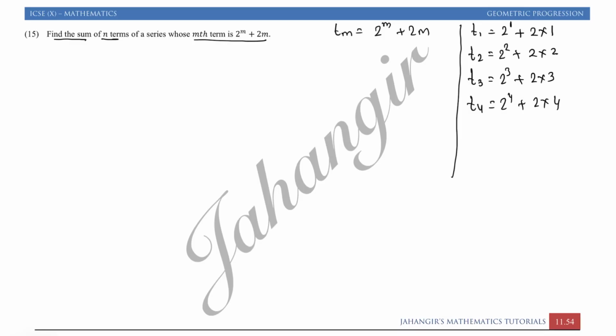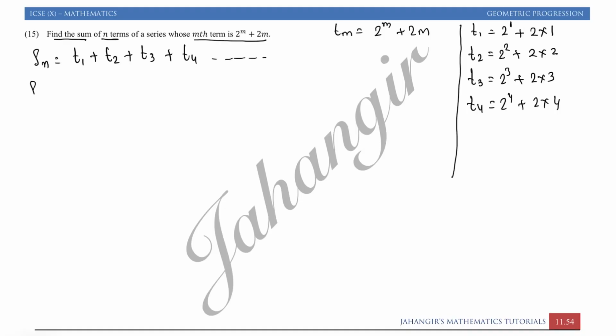So now for the sum, what we will write, Sn is equal to T1 plus T2 plus T3 plus T4 and so on. This is the sum formula, meaning all the terms we are just adding up.